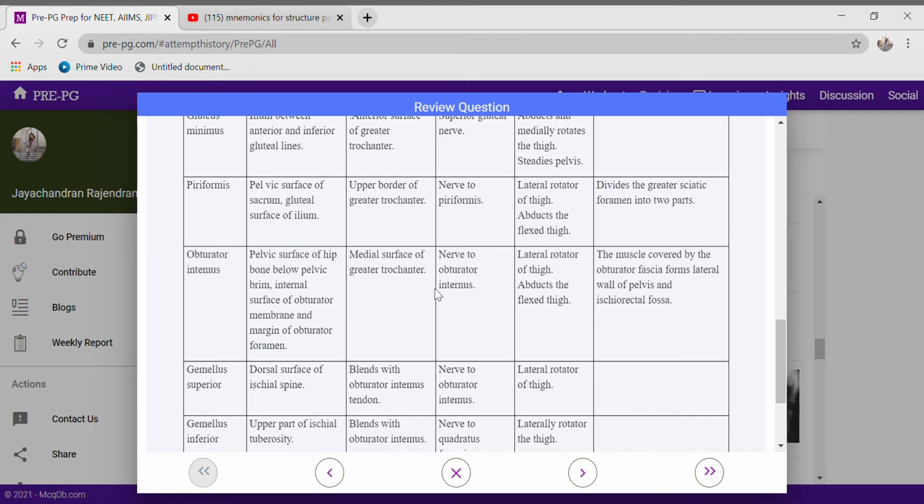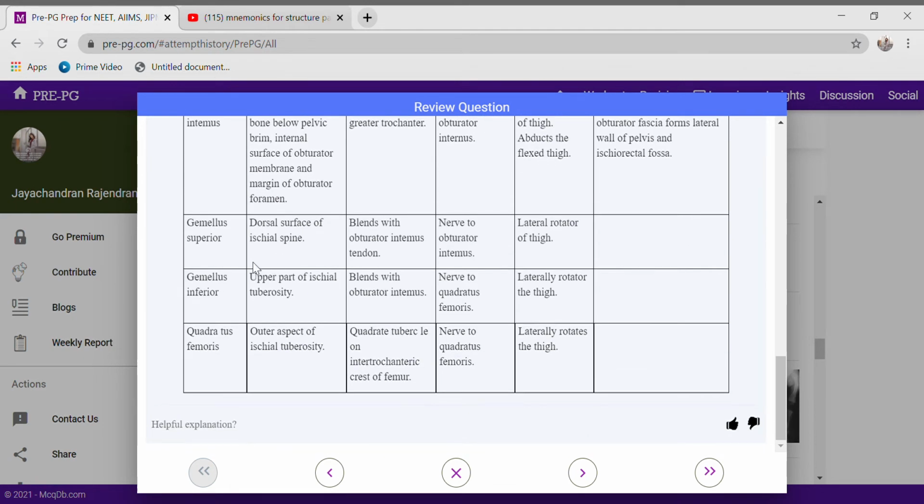The muscle covered by obturator fascia forms the lateral wall of the pelvis and the ischiorectal fossa. This is not needed. You remember that piriformis is from the sacrum and ilium, obturator internus from the obturator membrane and the obturator foramen margin. In the upper surface of the greater trochanter is piriformis, in the middle surface you have the obturator internus.